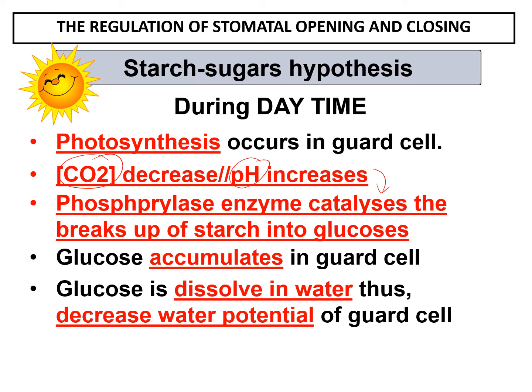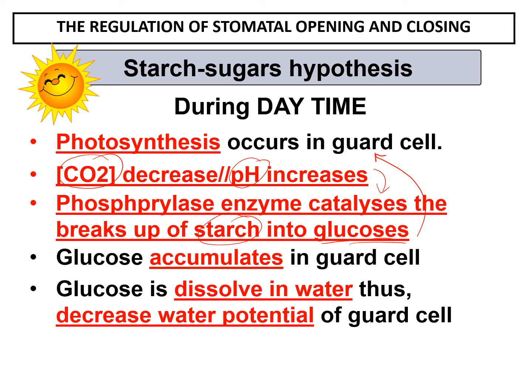You know that guard cells produce glucose and the glucose is stored in the form of starch at night. So during the day, the starch is converted into glucose.